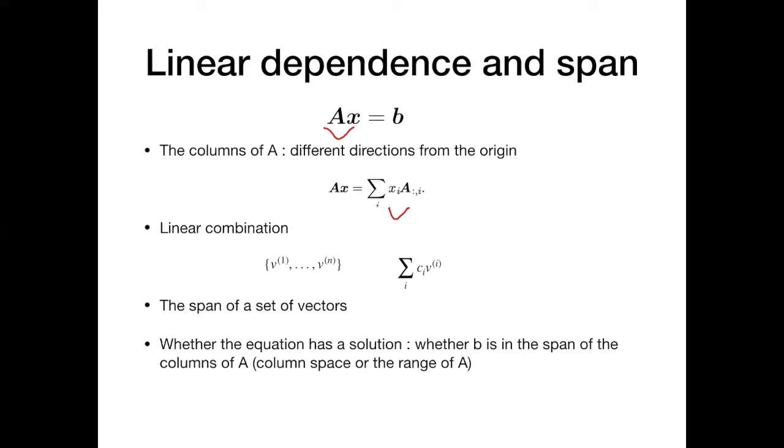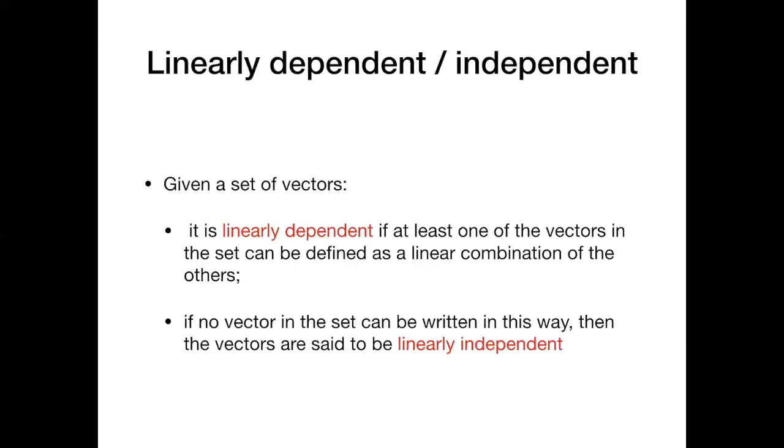That is, we want to know if the vector B can be described as a linear combination of the columns of A. So whether the equation has a solution also means whether B is in the span of the columns of A. The span of the columns of A is also named as the column space or the range of A.